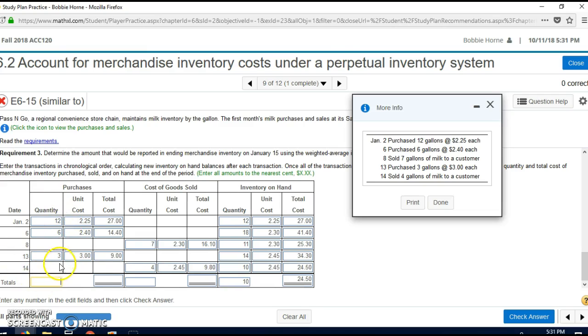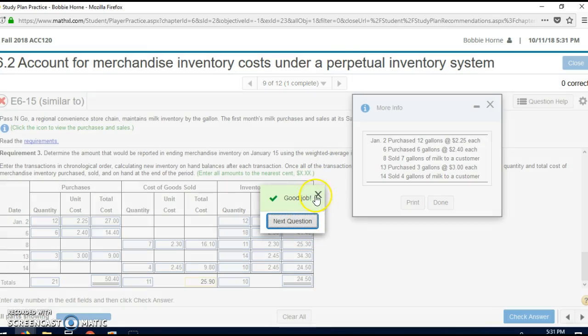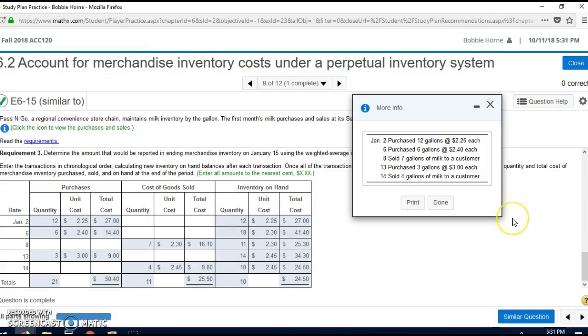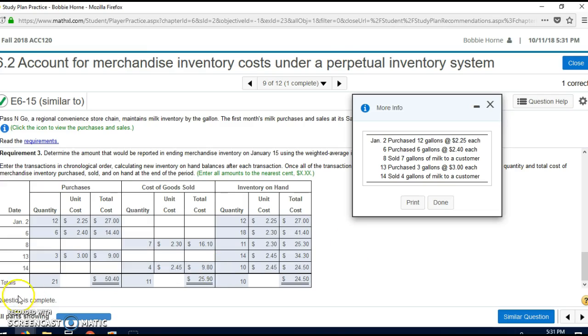Your total amount purchased is 21 units, and this is $50.40. And then the cost of goods sold is 11 units, and the total cost was $25.90. And that is how you compute merchandise inventory using the FIFO, LIFO, and weighted average methods.